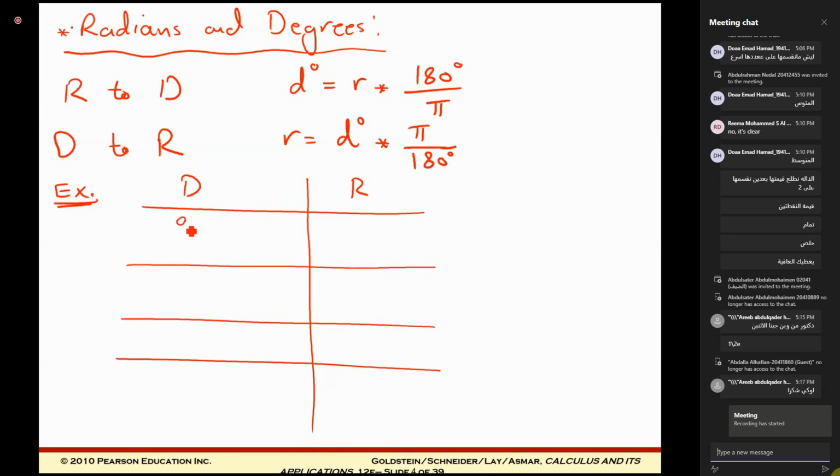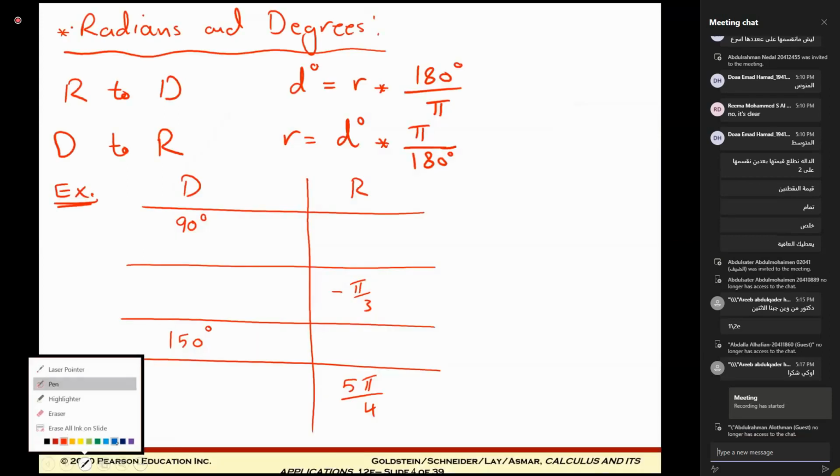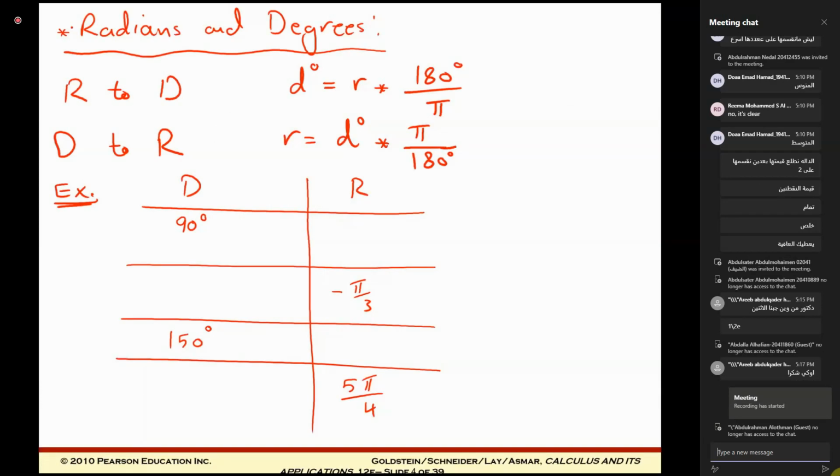Okay, now if we have 90 degree and we have minus pi over 3, we have 150 degree, we have 5 pi over 4, and we need to find the degree or radian measure. The first one, we have the degree.